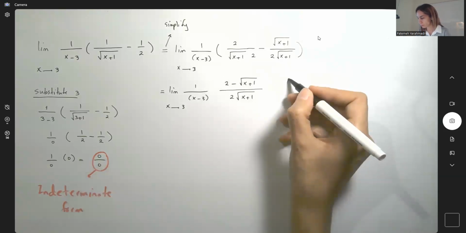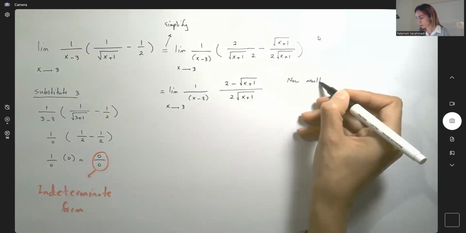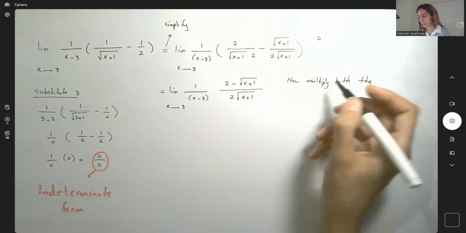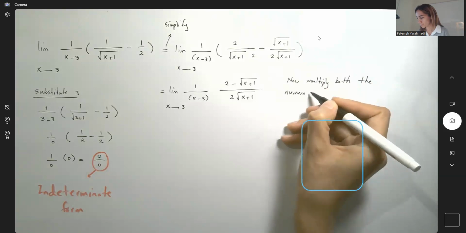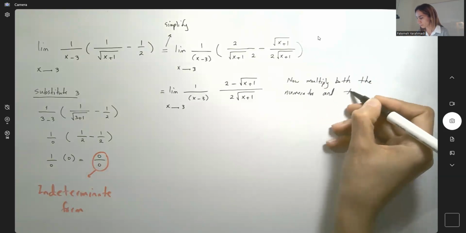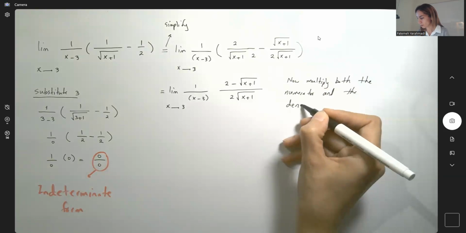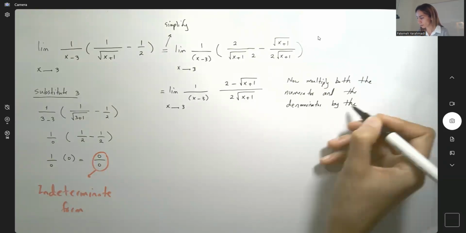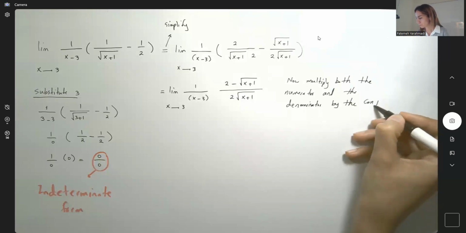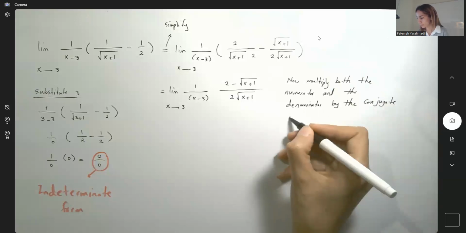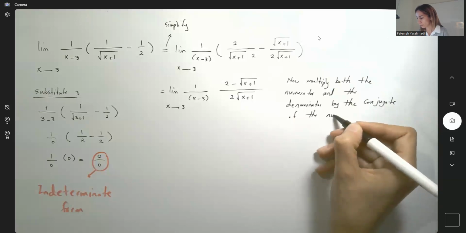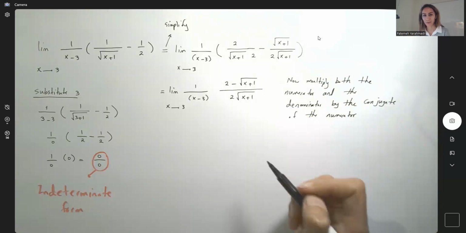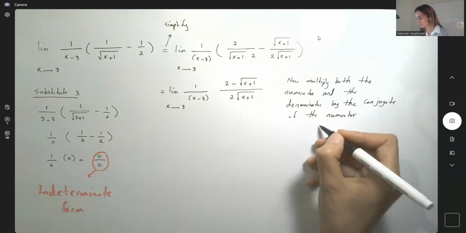So now multiply both the numerator and the denominator by the conjugate of the numerator, which is 2 plus square root of x plus 1.